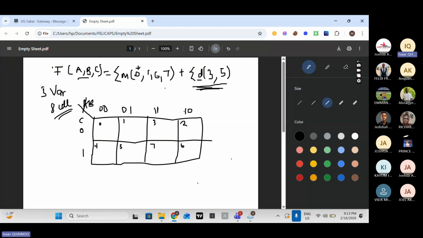Okay, so we have a 0 here for 0. We have a 1 here for 1. So we have 6 here. So 1, we have 7. So let's work with this and see.